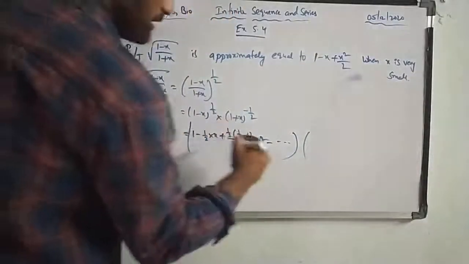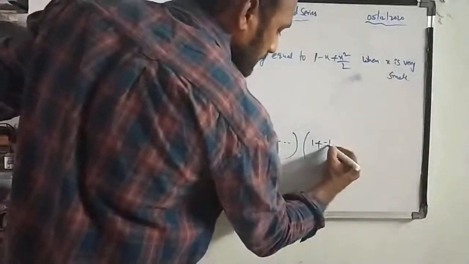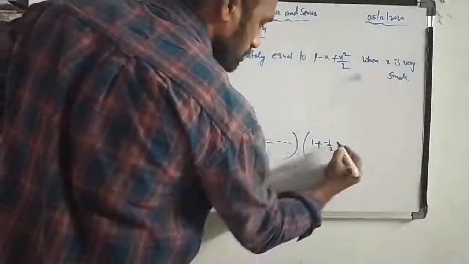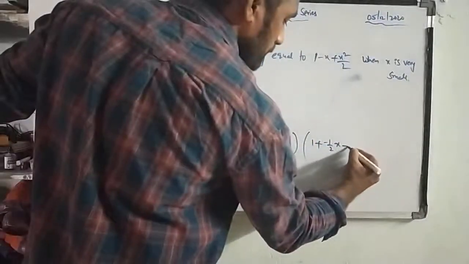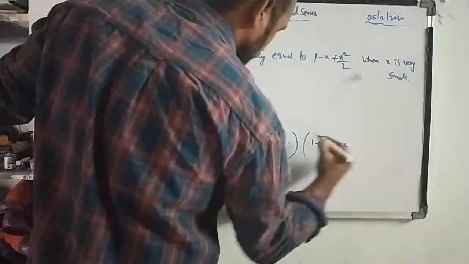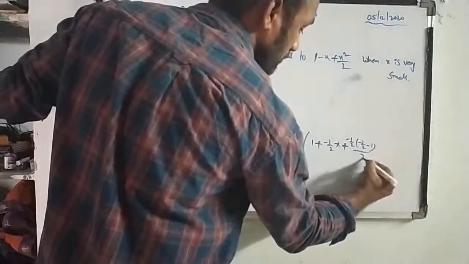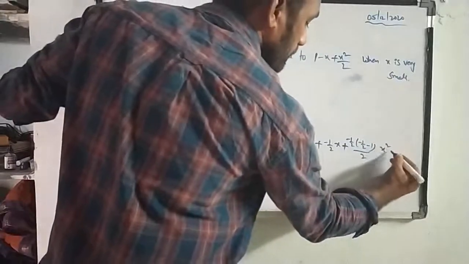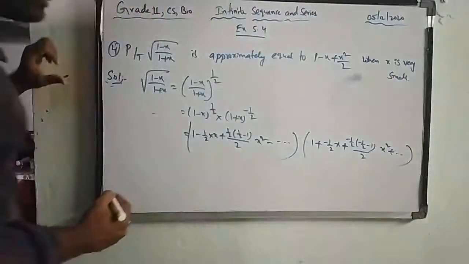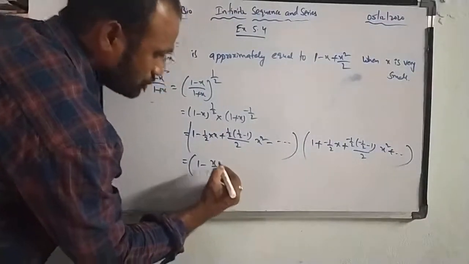Into 1 plus x, that is 1 plus nx, minus 1 by 2 x, plus n into n minus 1 by 2, that is minus 1 by 2 into minus 1 by 2 minus 1, by 2, x square plus so on. So this can be given as 1 minus x by 2.